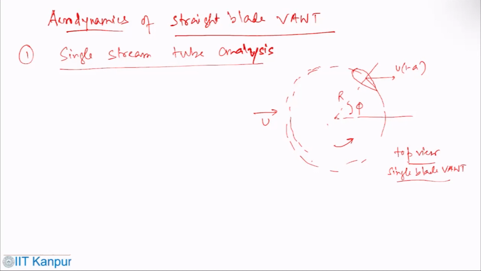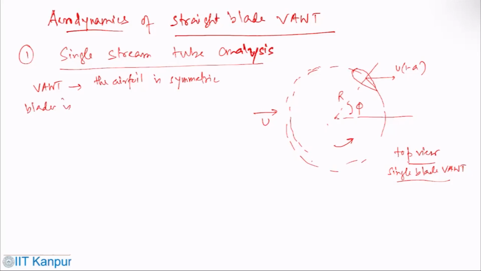Typically in a vertical axis wind turbine, the airfoil being used is symmetric. Obviously the blade is oriented so that the chord line is always perpendicular to the radius of the rotation.